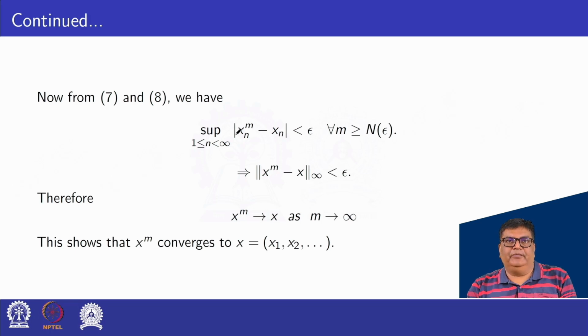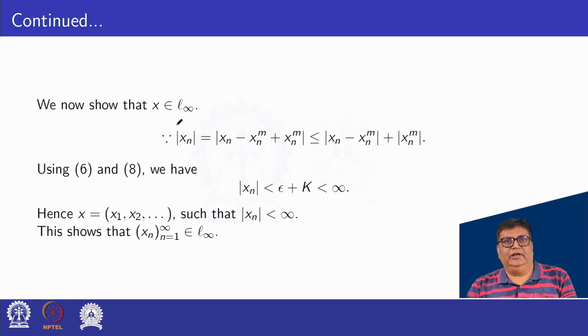So we can write supremum mod x_mn minus x_n less than epsilon. As per the definition of the L infinity norm, we can write the supremum of mod x_mn minus x_n as the infinity norm of x_m minus x, less than epsilon. As per the definition of convergence in a normed space, we can say that x_m converges to the point x, where x is x_1, x_2 and so on.